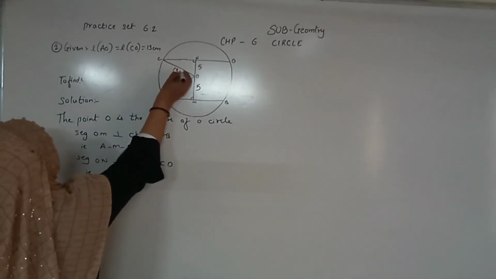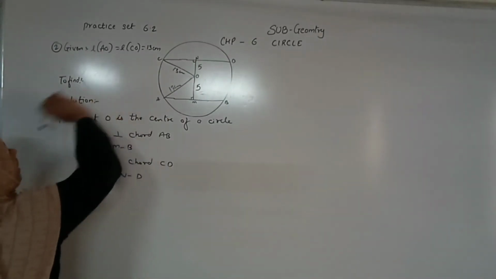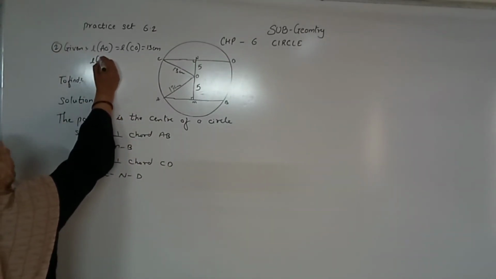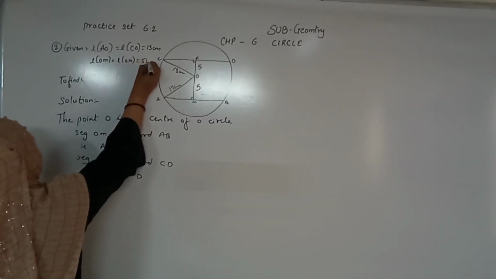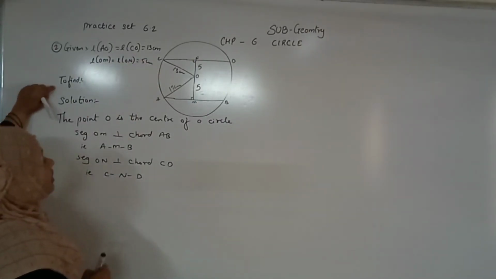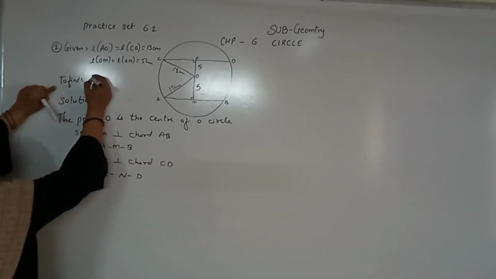Next, length of OM equals length of ON equals 5 centimeter. To find, आपको क्या find करना है? You have to find the length of the chord.